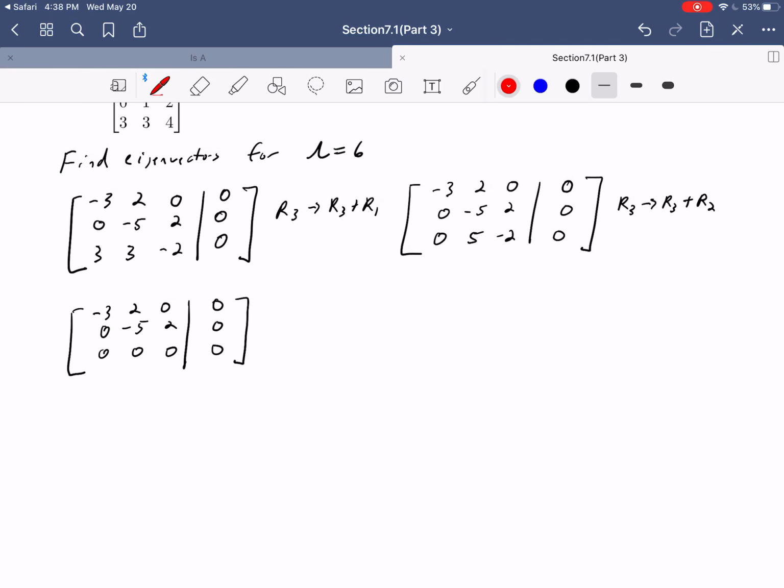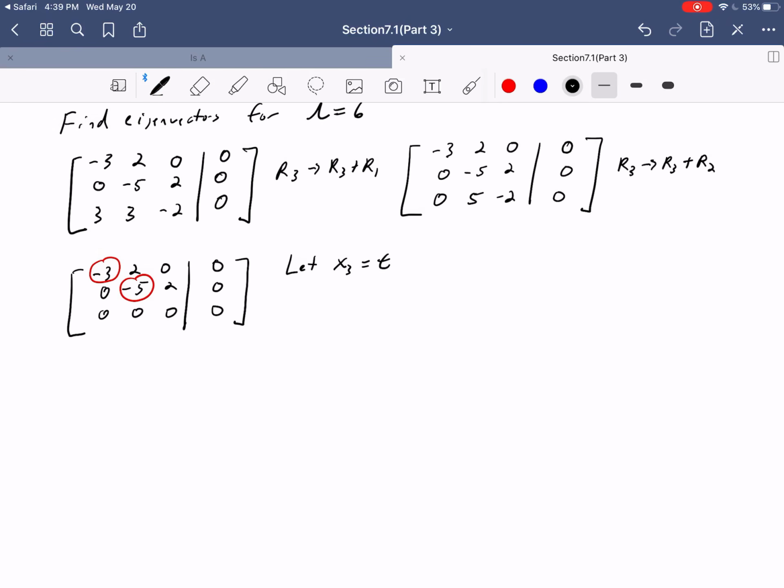This time we will avoid parameterizing x1 and x2, so we will let x3 be equal to t. Then the second equation gives us that negative 5x2 plus 2x3 is 0, so negative 5x2 plus 2t is 0. So x2 is 2/5 t.